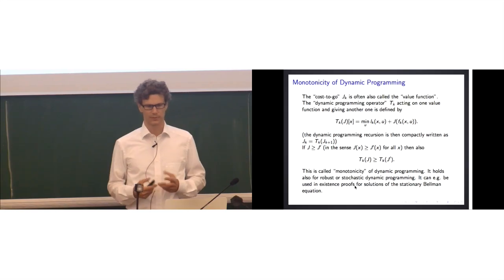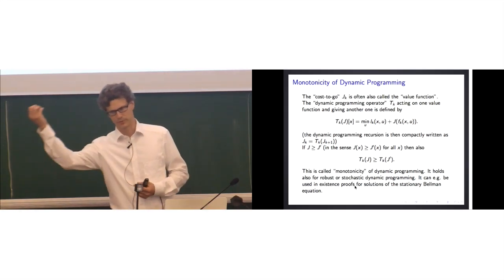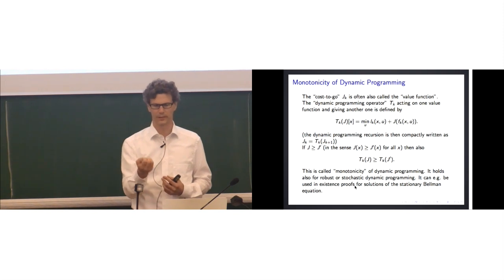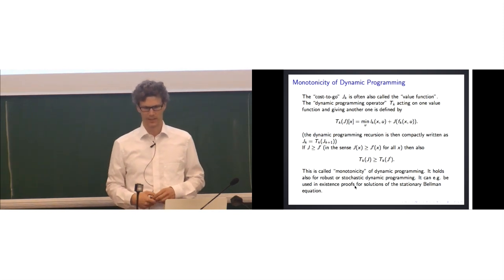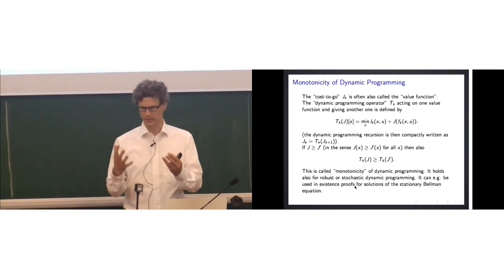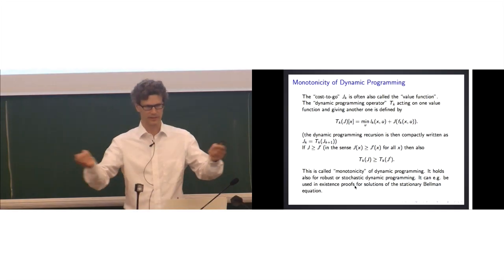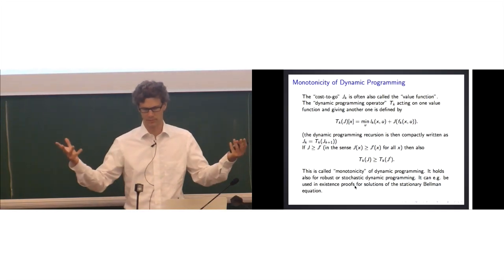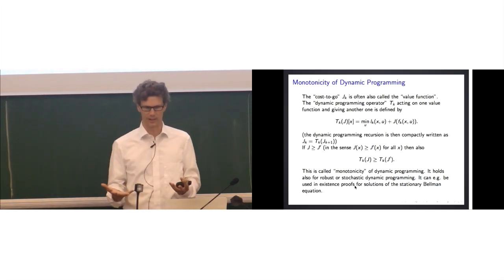So the cost to go we might call a value function, and the operator that makes from the future cost to go the present cost to go, that is something we call T. And T acts on J, so it acts on a function which you could imagine as a big vector, like what you did yesterday, a lot of values, but it's actually a function.